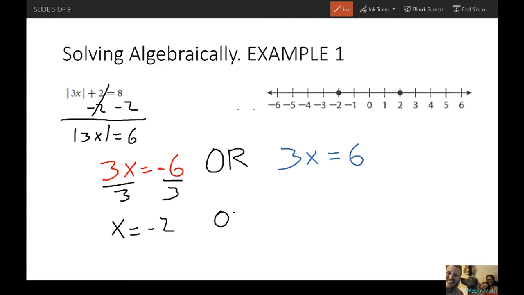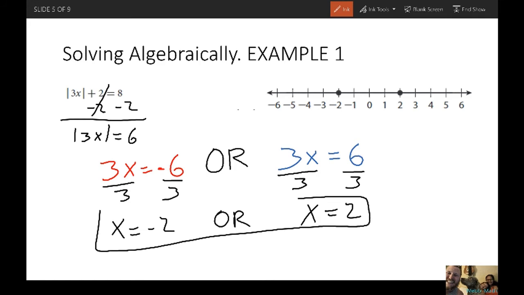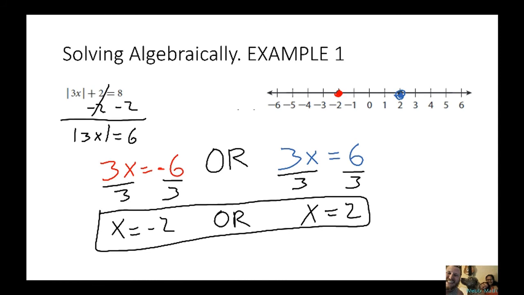Or we're going to solve for our other situation. Notice how the process is the same, just different number. And then x equals positive 2. So we found our solutions. If we were to graph it, negative 2 would be plotted here on the number line. And then our positive 2 will be plotted right here on that line.